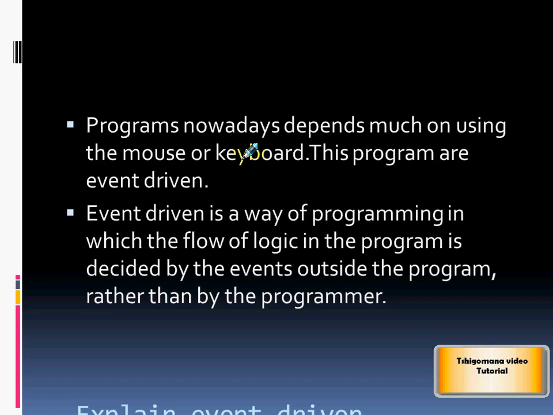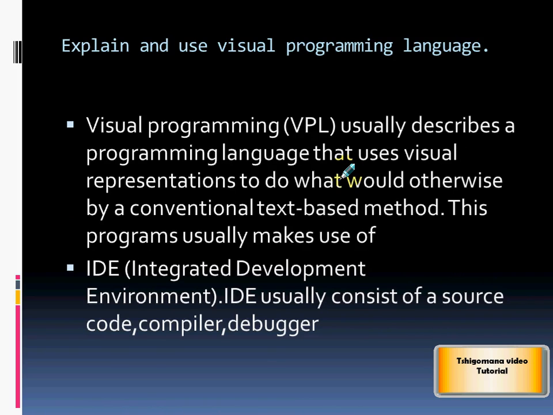Right, let us come to the explanation of visual programming and its usage. Visual programming, also called VPL in short, usually describes a programming language that uses visual representation to do what would otherwise be done by a conventional text-based method.